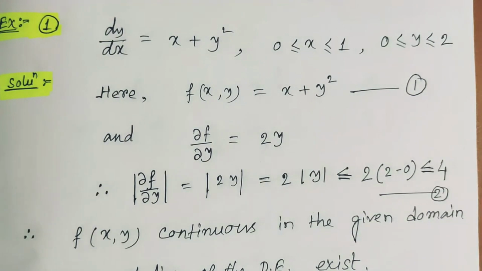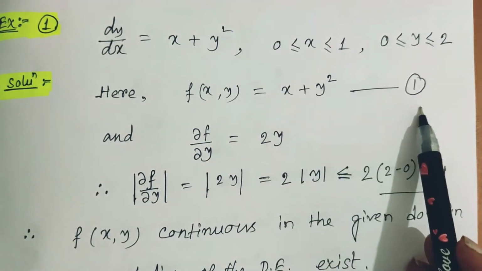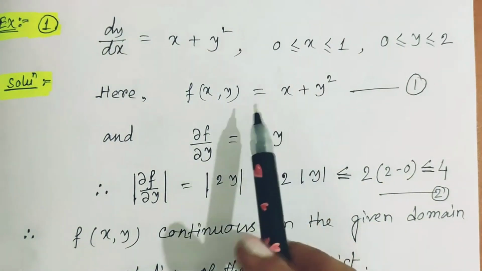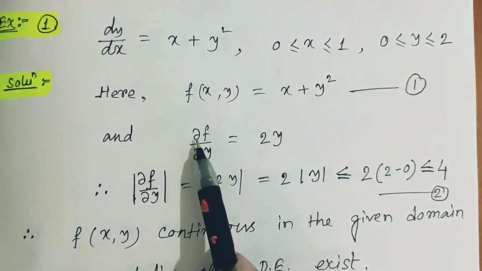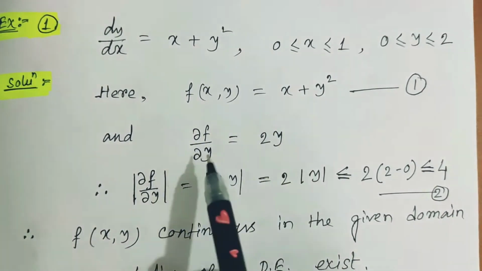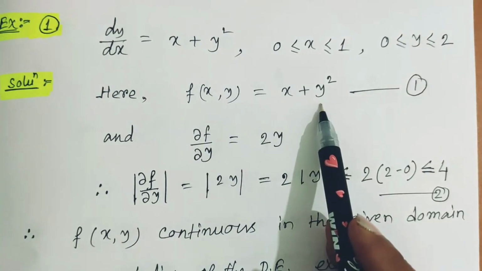Here f(x,y) = x + y², which we denote by equation number 1. Now if we take the partial derivative of this function with respect to y, we find ∂f/∂y = 2y. Now, very obviously this function is continuous.